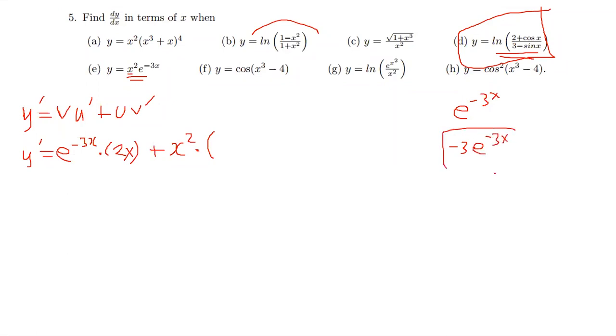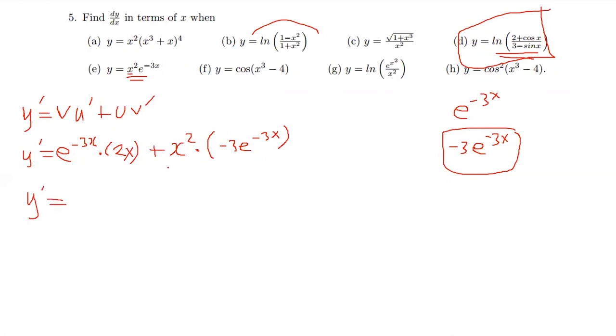This is also the chain rule. Sorry, it is supposed to start with negative 3 and then e to the power negative 3x. So this is what you're going to get as your product rule method.